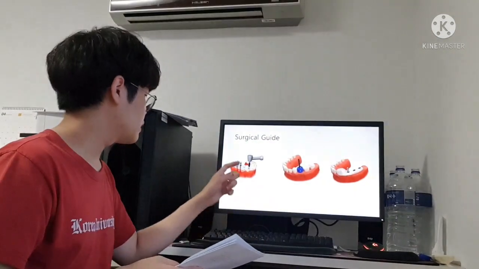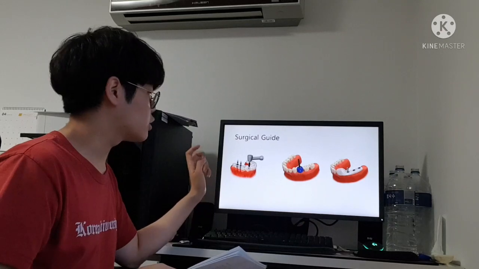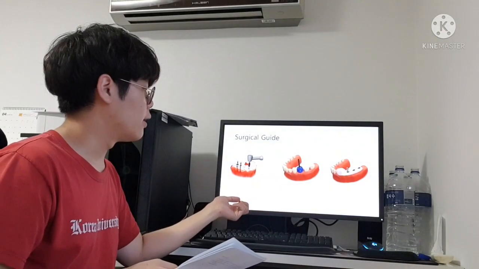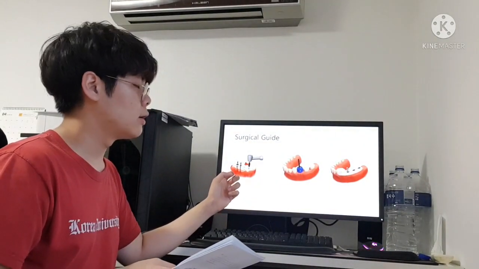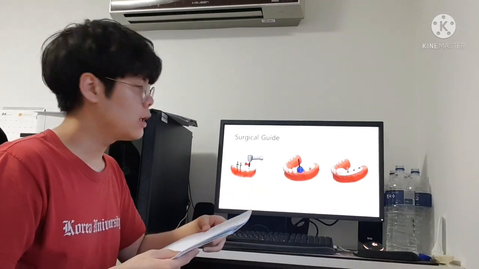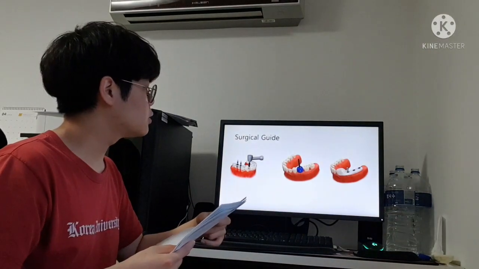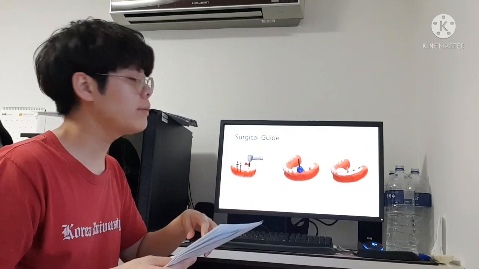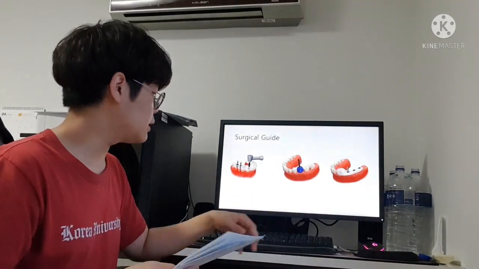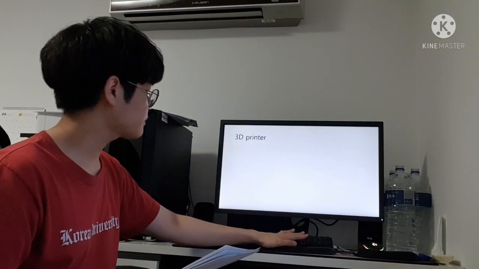So if we use this surgical guide, we can do more precise surgery, and it also reduces the surgery time. So it is very handy.